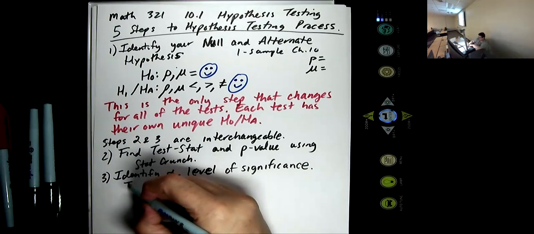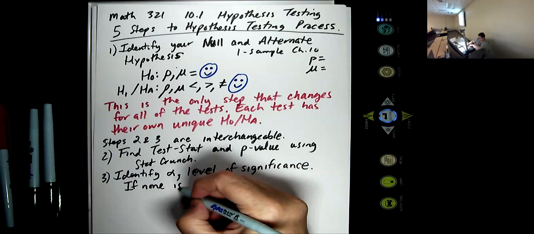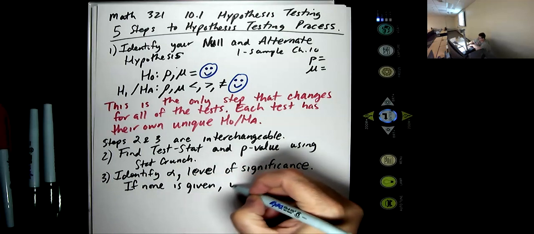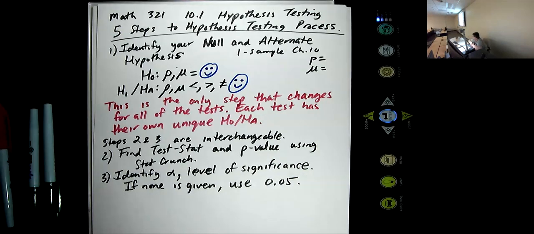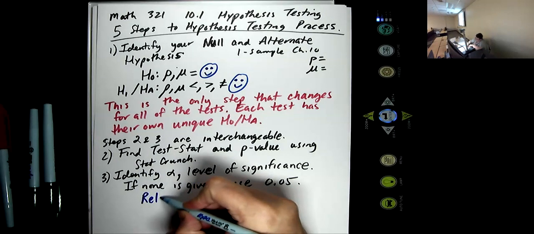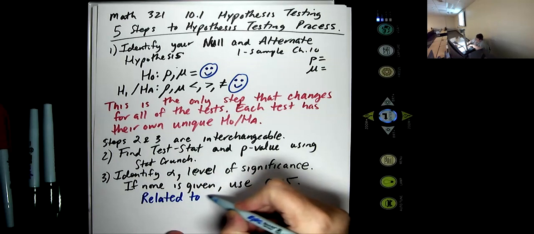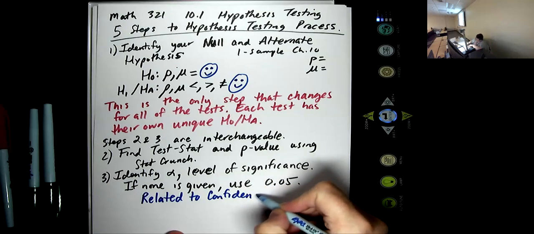If none is given, use 0.05. And this is related to confidence intervals, as we'll see in the main course today.